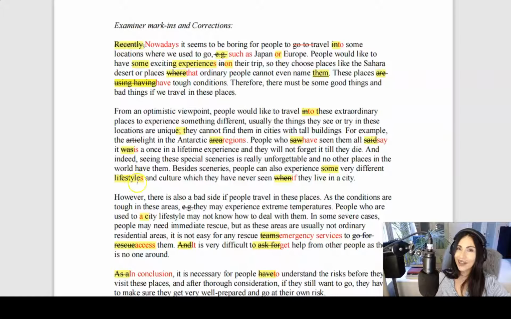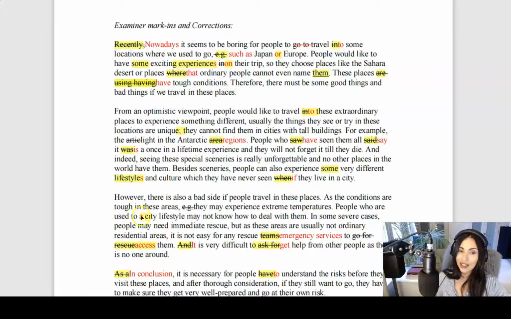Some very different lifestyles. So if you used the plural quantifier here, then the plural noun or noun phrase should be used here. Here, when was replaced with if to indicate condition, okay, the mood, right? So if they live in a city rather than when, it's not about time or probability, but rather condition. So a conditional clause was needed.